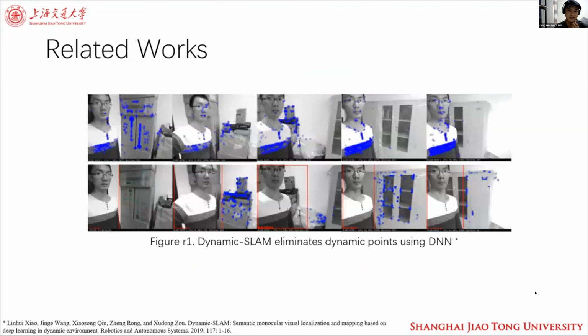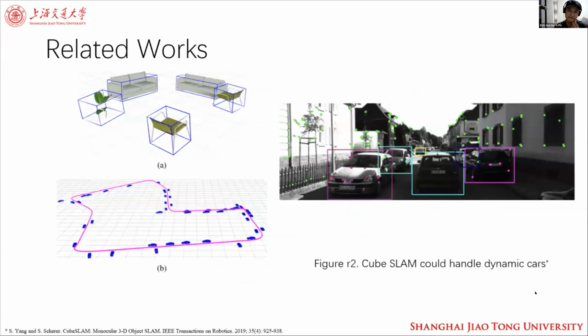In recent years, semantics have been introduced into SLAM systems mainly for eliminating moving key points or improving robustness. For example, dynamic SLAM uses neural networks to recognize potential dynamic objects and eliminate the changing foreground, so that the map will contain points which are likely to be static. There are also works that take care of dynamic objects and build data associations among them, such as Yang's work, CubeSLAM.